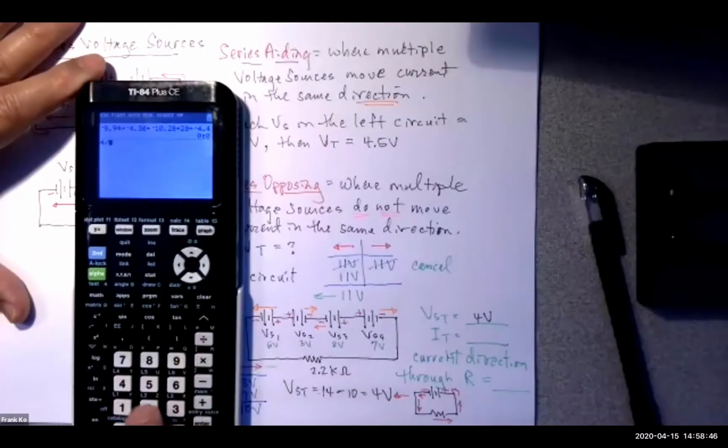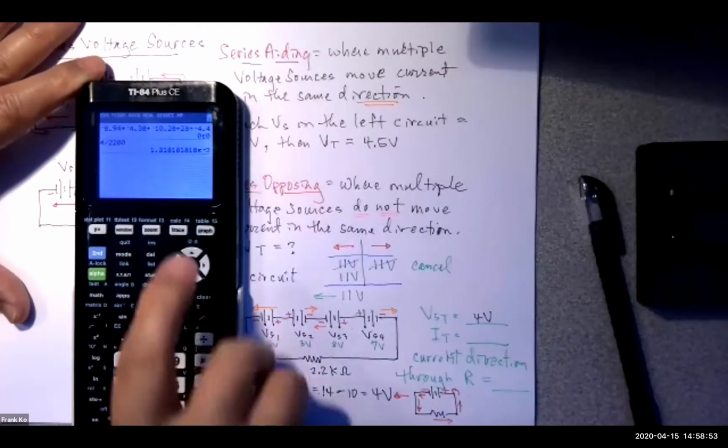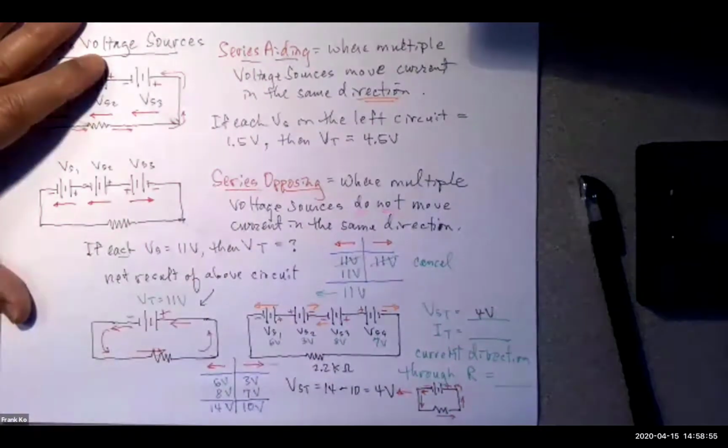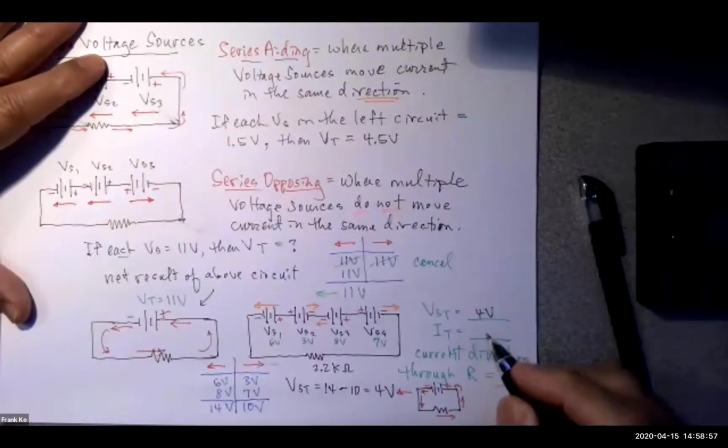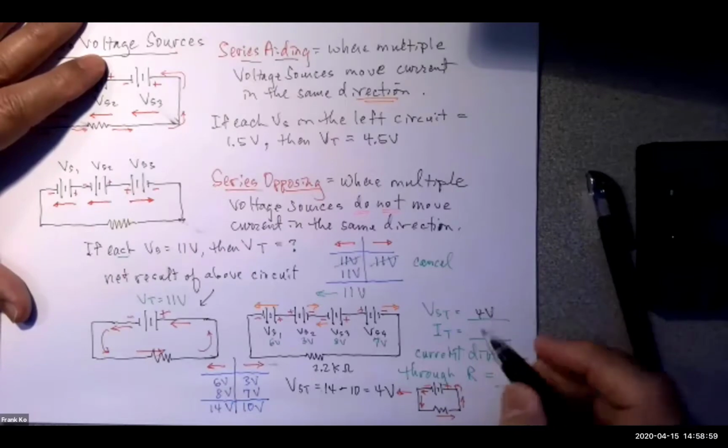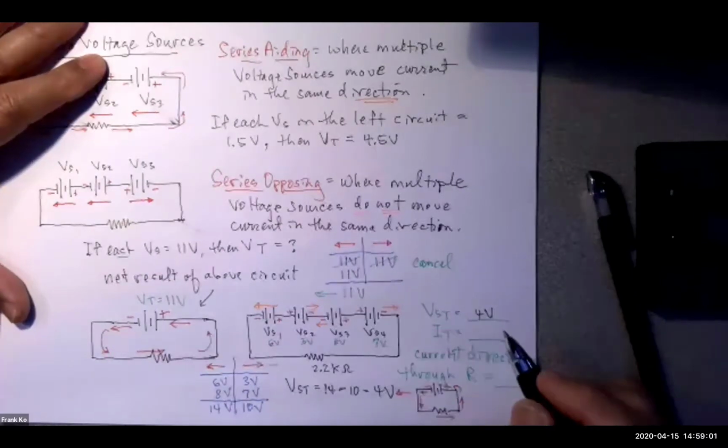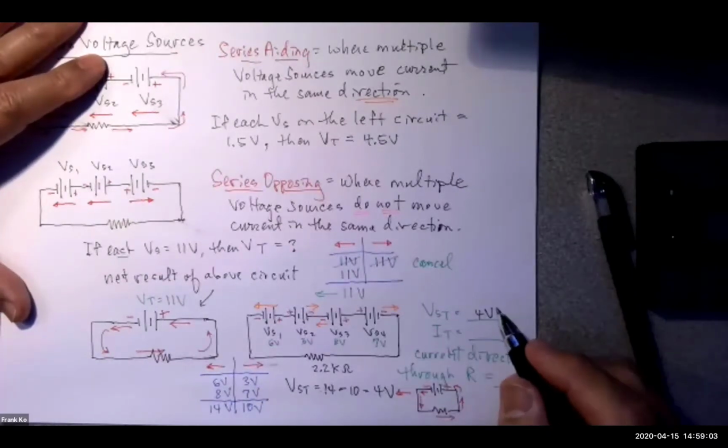4 divided by 2200, and your calculated current works out to be, Christian? I'm still doing it. Hold on. I just grabbed my calculator.